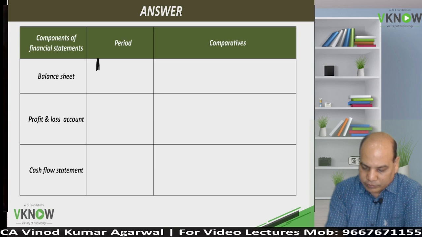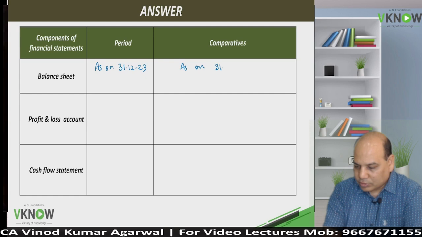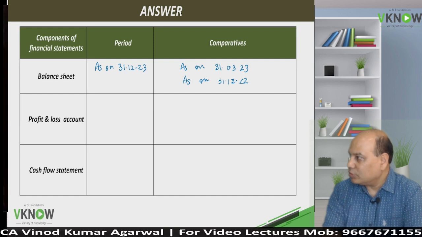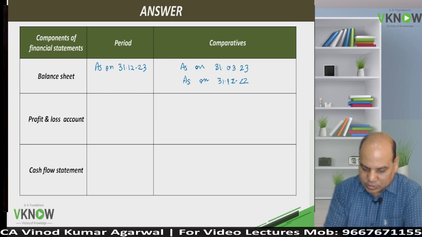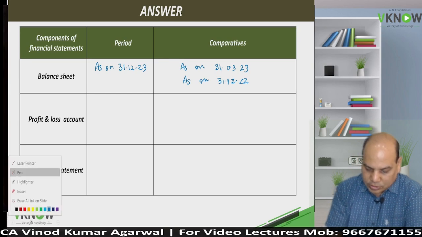So you write down as on 31/12/23. Comparative will be as on 31/3/23, and one more for seasonal business as on 31/12/22. This is for seasonal business.